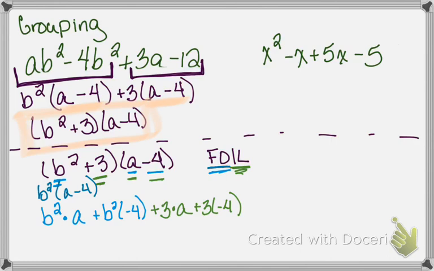When I do my first and my outer, I am taking b squared and multiplying it times a, and then taking b squared and multiplying it times negative 4. That's what I'm doing, even though I don't write it down. When I am doing my inner and my last, I am taking 3 and multiplying it times A minus 4. I just don't write it down.